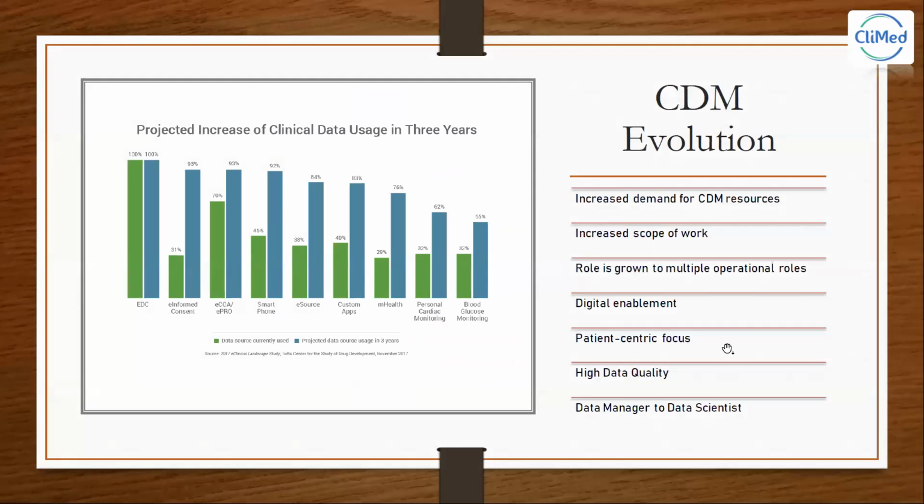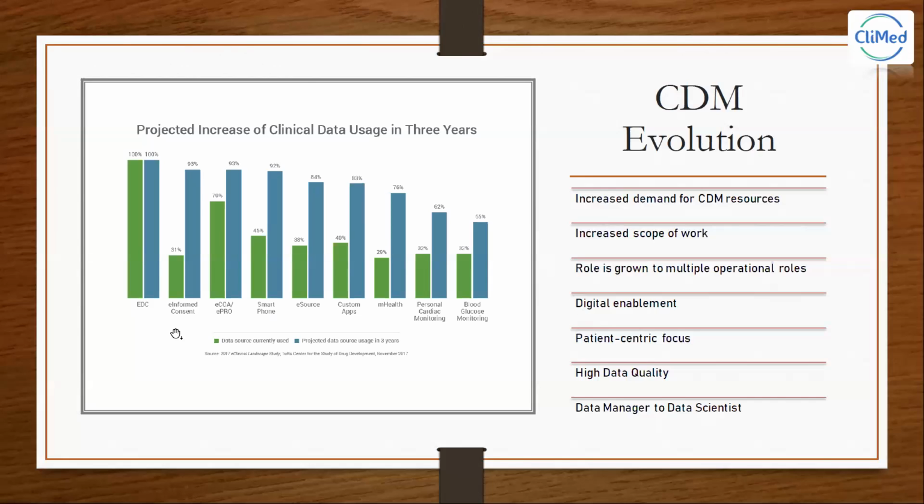Okay. So CDM evolution, the very first, how is the CDM role evolving? There is one graph which I see, showing clinical data usage, put in front, and how it has increased. Why has it increased? Because we have lots of e-sources coming up in clinical trials.